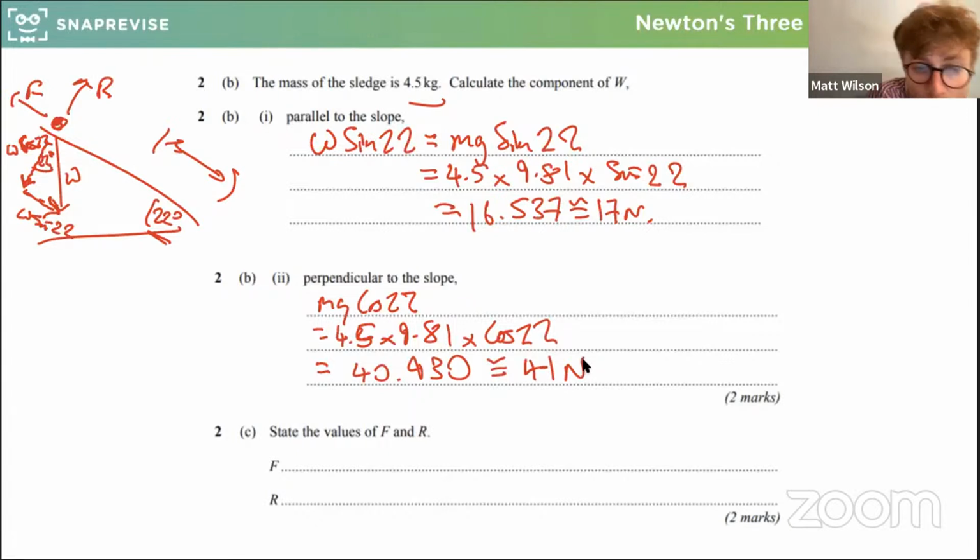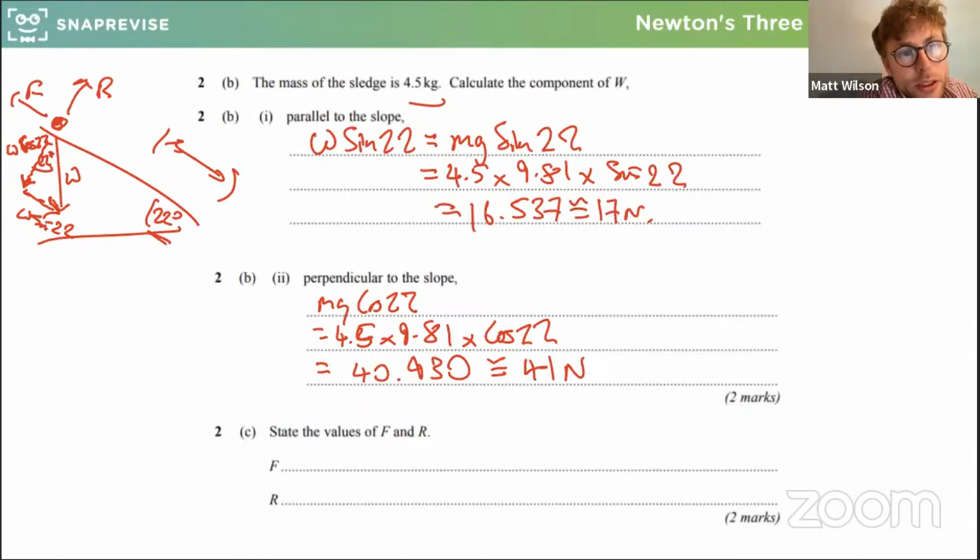Good. Finally, and this is a really nice bit of the question, state the values of F and R. Now recall that this object is moving at a constant velocity, which means it's in equilibrium, which means the total force in any direction is 0. So let's start by thinking about the total force in the parallel direction.